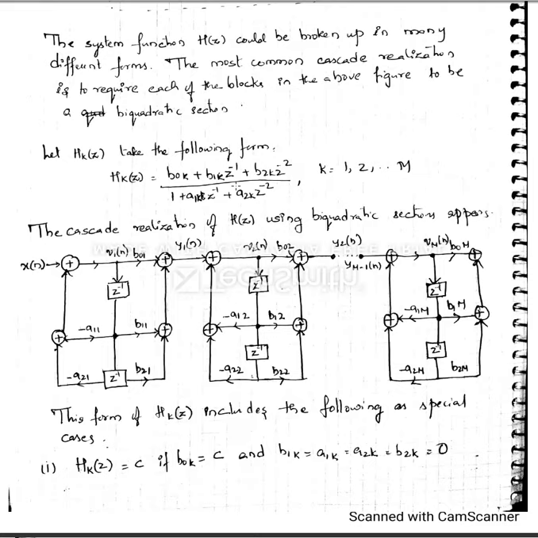Or else, like how you did for your direct form 2, the individual transfer functions like H1 of z, H2 of z can be realized using the equation that you had made use of, like your y1 of z was equal to your x1 of z into H1 of z.